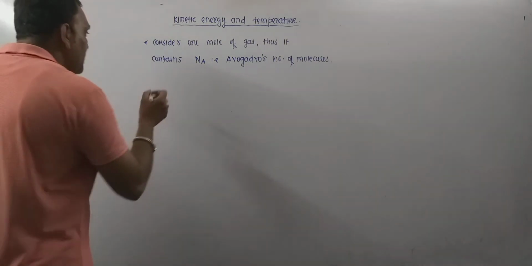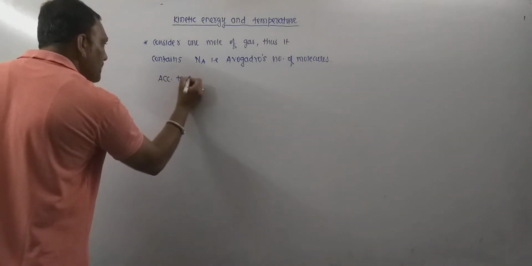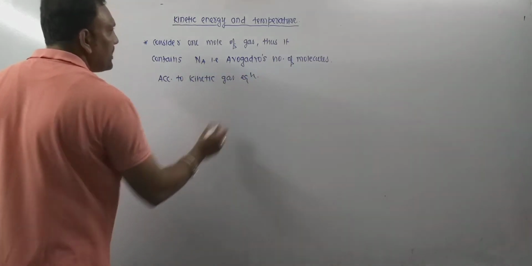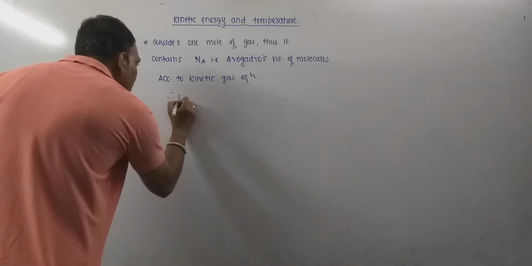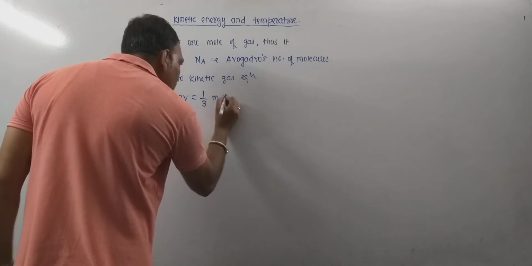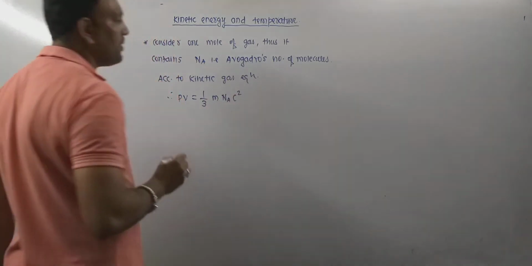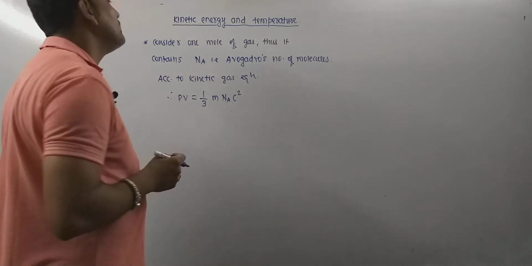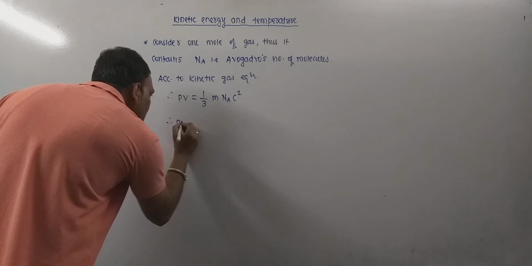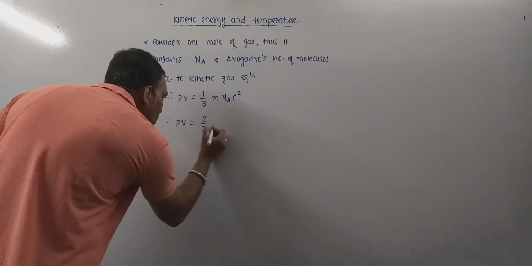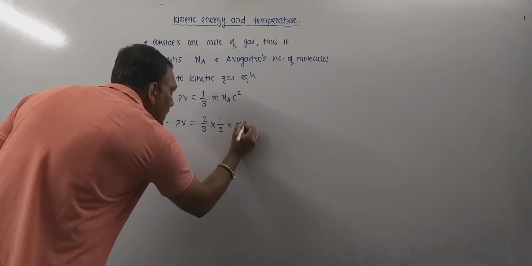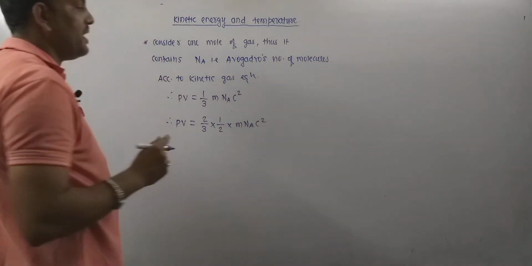Now according to kinetic gas equation, what can we give? We can give PV equals 1 by 3 m Na C square, where m is the mass and Na is the Avogadro's number. Further this can be given as PV equals 2 by 3 into 1 by 2 m Na C square.